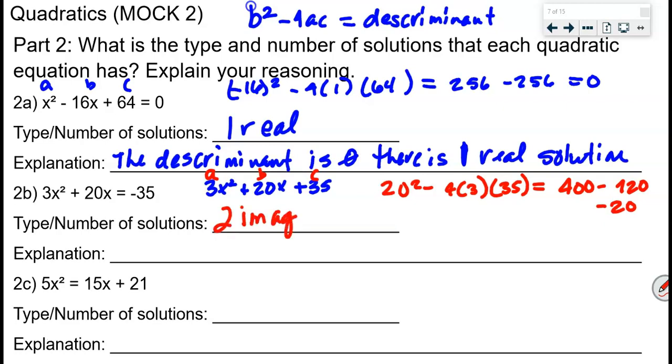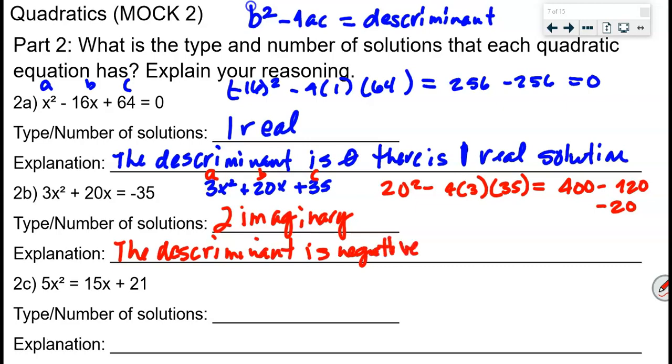Because it's negative. Okay. So again, the discriminant is negative. Sorry, y'all. So there are two imaginary solutions.